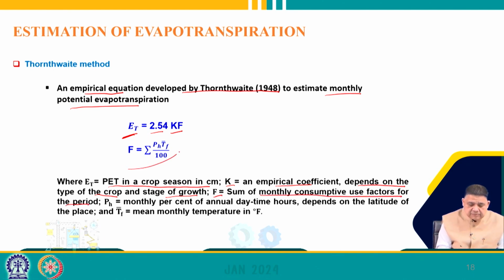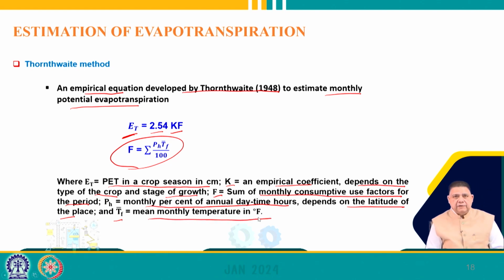F can be estimated using the relationship F = Σ(p_h × T_F)/100, where p_h is the monthly percent of annual daytime hours, which depends on the latitude of the place, and T_F is the mean monthly temperature in degrees Fahrenheit.